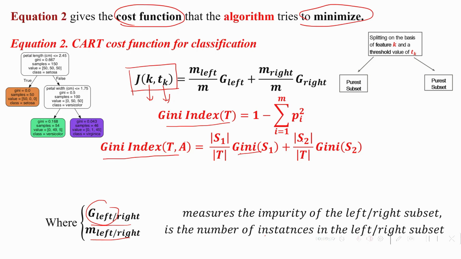Here mod of S2 is the number of elements in subset 2, divided by the total number of elements in the entire set, mod T, into Gini of subset 2. Like that, we find the corresponding Gini index value. With this information, we find the Gini value, and based on the Gini value, we split the data into two parts.